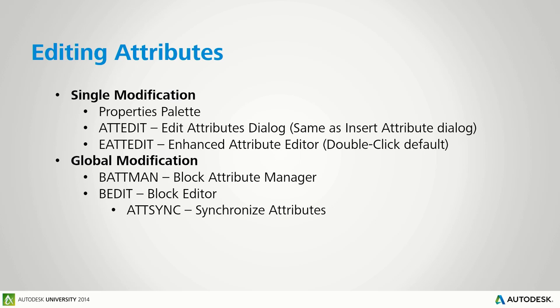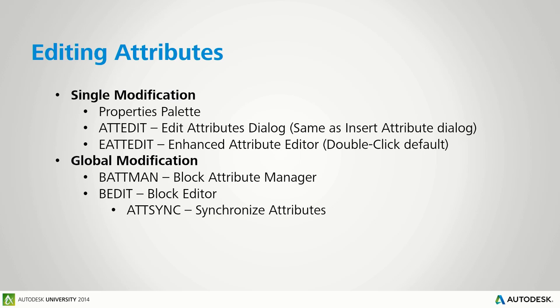And then we have the enhanced attribute editor. This not only allows me to modify the value of an attribute, but also properties such as text and the style of text, as well as layer, the color, whether it's by layer or has a unique color, all those object properties that we can modify. Those three commands will only modify a single attribute. They're not going to do a global update.